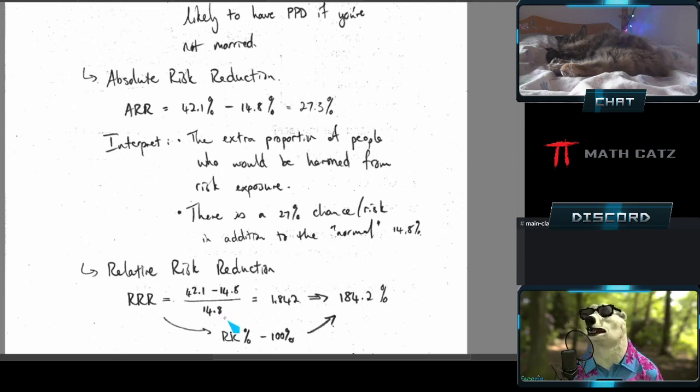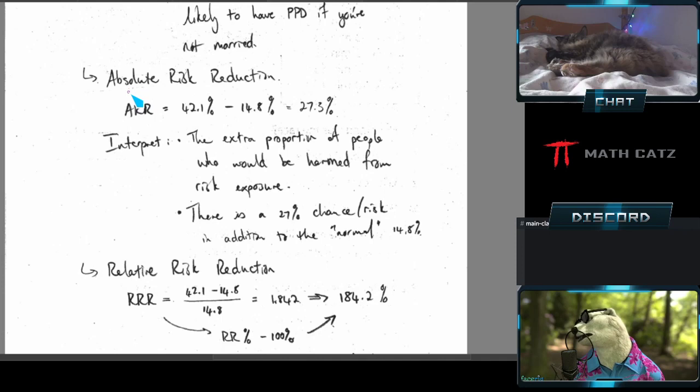The smallest one, that I'm at risk of postpartum depression, 14.8, right? So 27.3 might seem like a lot, but if I had a baseline probability of over 50%, well, then 27% is not as much as if I had a baseline risk of 14.8%.